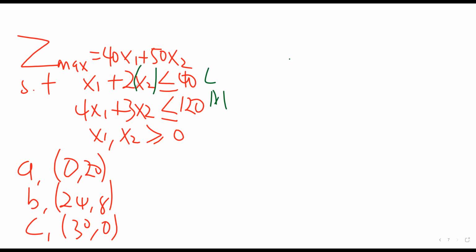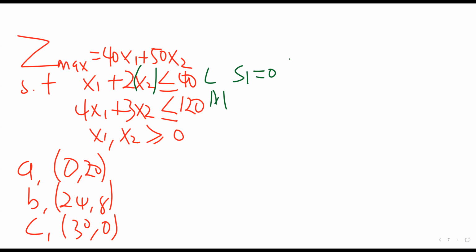Then you will have 2 times 20, and that will be equal to the right-hand side, isn't it? So S1, the slack there, for that constraint, labor, will be equal to what? 0. Excellent.